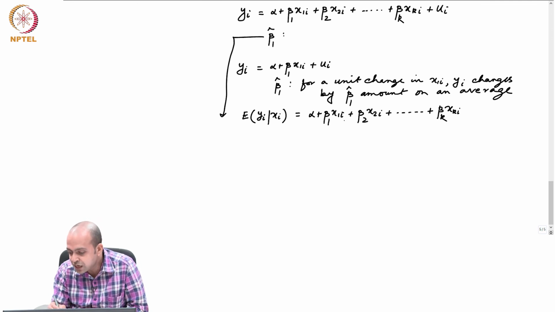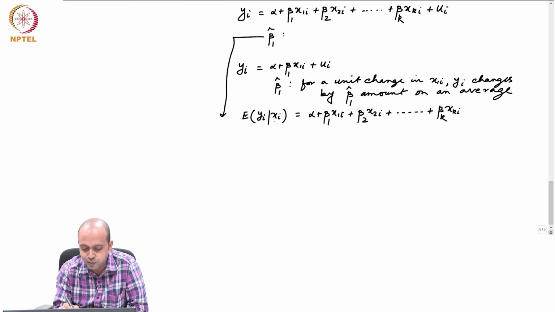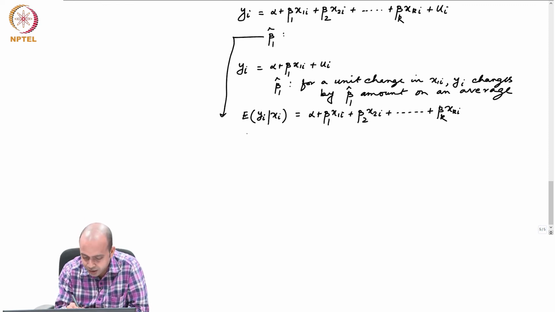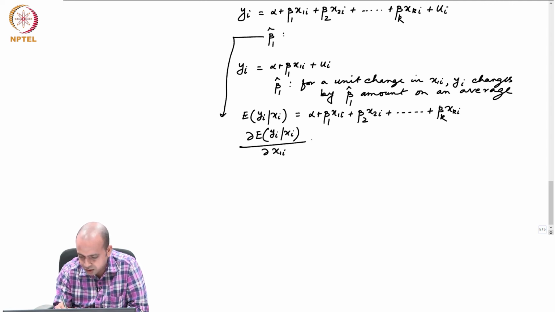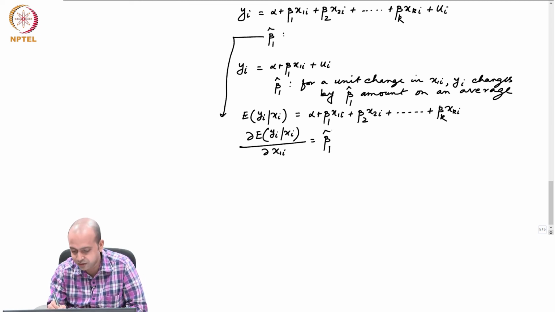Now, if you differentiate this expectation of yi given xi partially with respect to x1i, what you will get? This is the partial derivative of expectation of yi given xi with respect to x1i, that is nothing but your beta 1 hat.